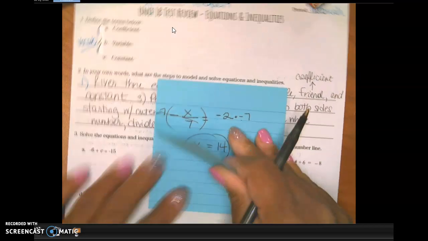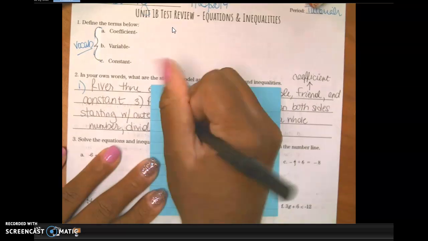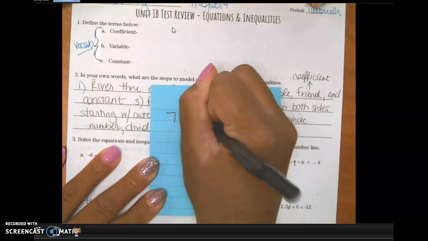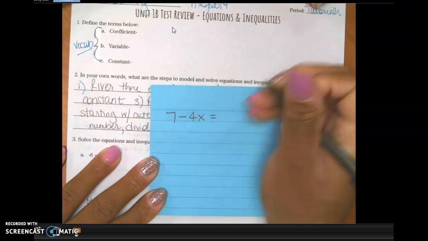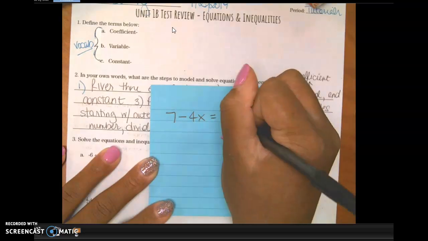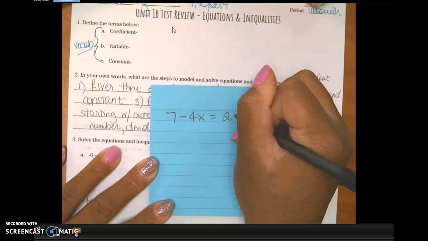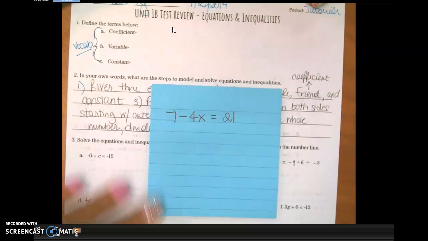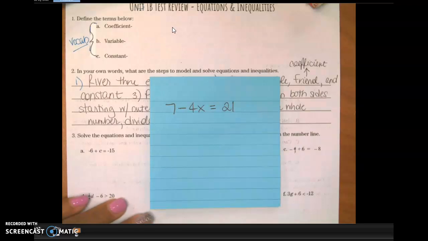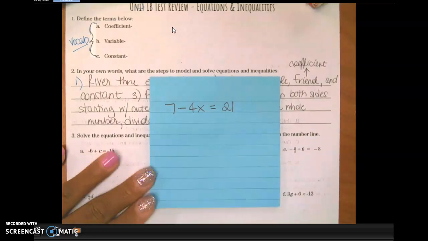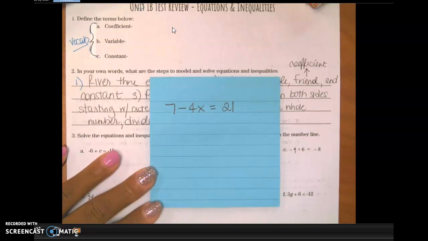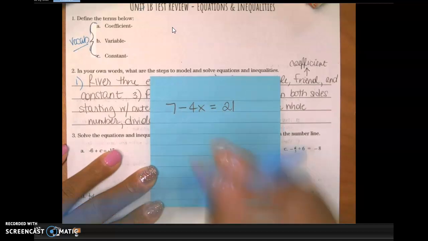Okay? Sometimes they'll look like this. Hold on. There. What do I do here? Stop. You take the constant and you put it on both sides. Who's the constant? 21.